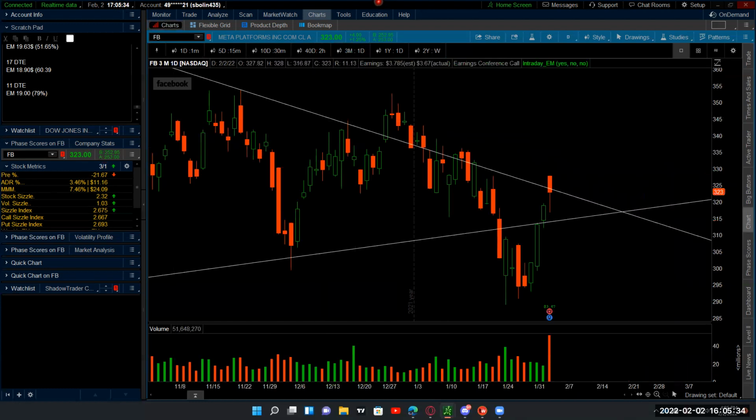We salvaged it by closing the call side. Well, actually, I rolled the call side up a couple times. I got a lot of profit on the call side, but eventually I closed it and I kept the puts as the credit spread that they are, and I rolled them down the road.